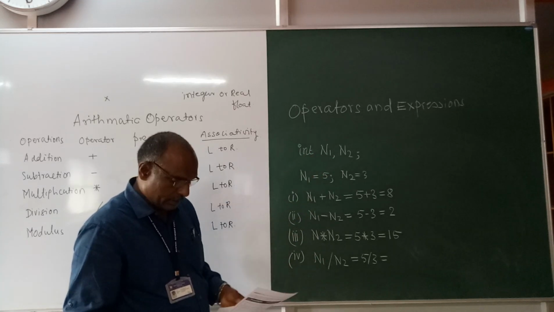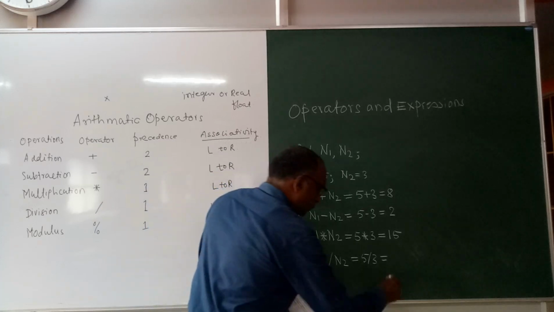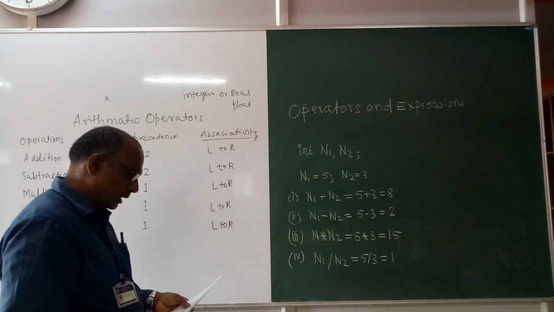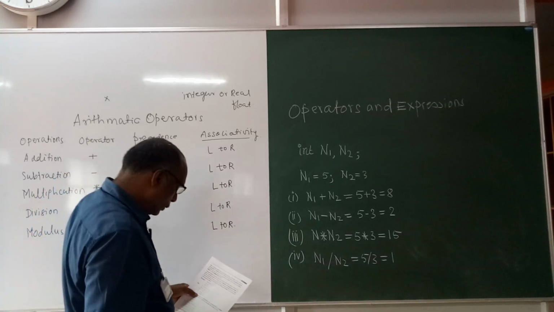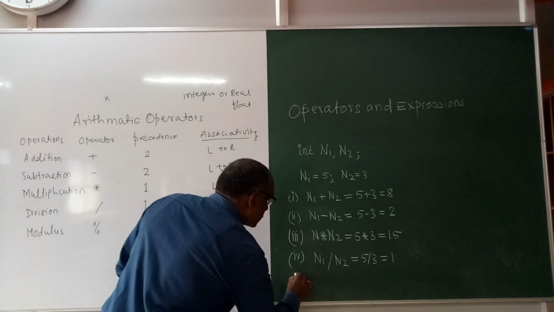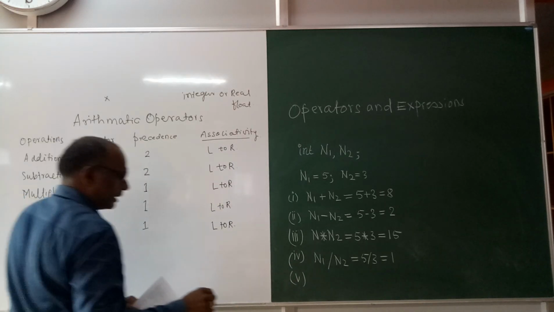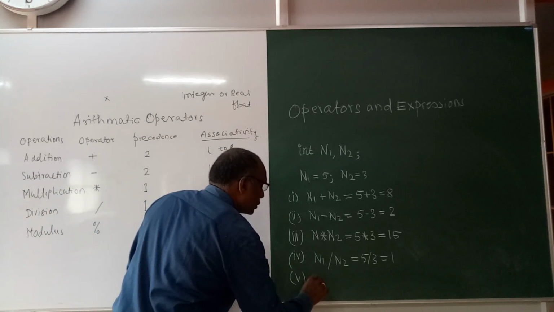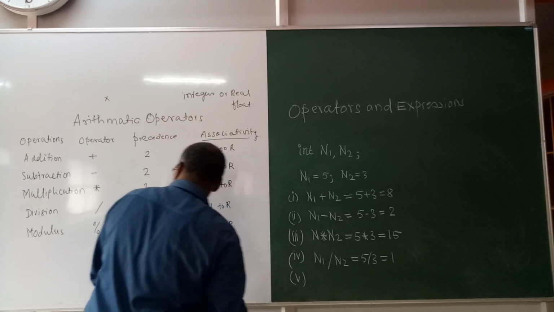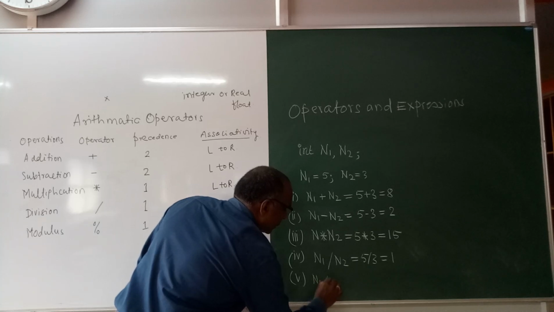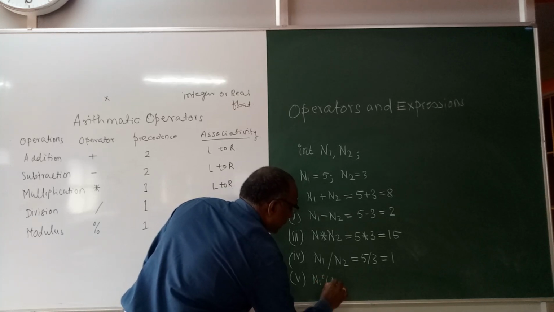Please keep in mind, this will be equal to 1. It will not show the real point or floating point. I'll use this modulus operator, the operation is modulus and the operator is this: n1 percent sign n2.